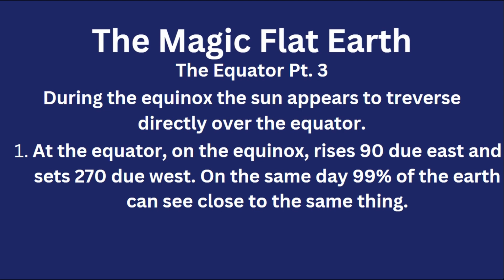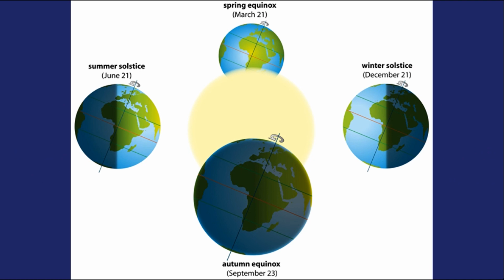And the globe easily explains this, because on the equinoxes the earth is in a position in its revolution around the sun where the tilt of the earth has no bearing on the daylight coming from the sun.